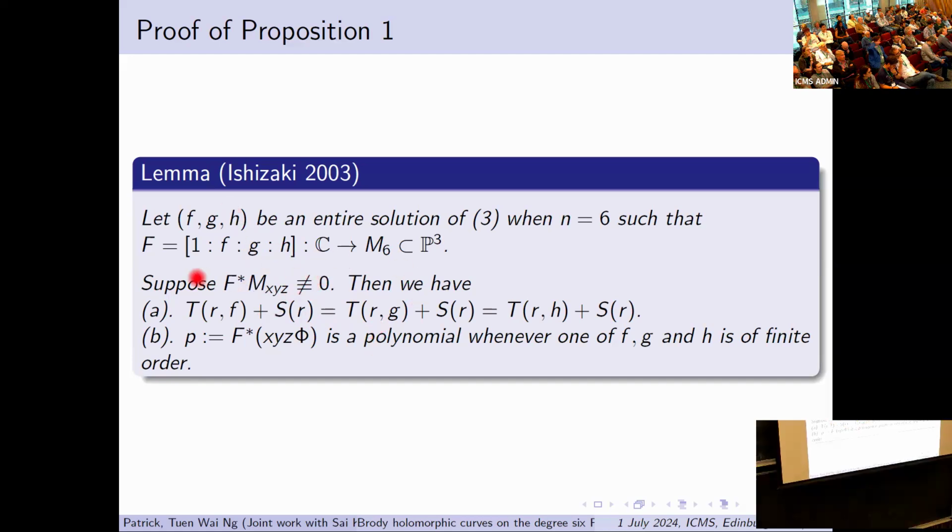Then f, g, h will have the same linear characteristic function, basically, up to an error term. Another useful fact would be this one. Under this assumption, in his paper he proved that this p is a small function. However, if you assume f, g, h are of finite order, then this p is actually a polynomial. So that's another useful thing to know.